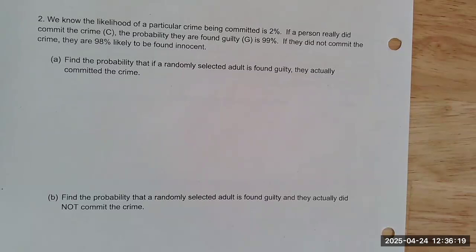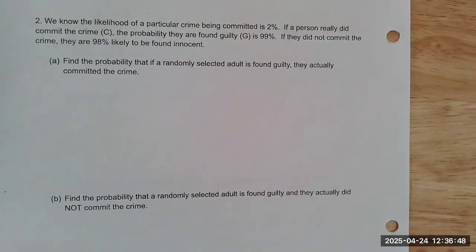If they did not commit the crime, they are 98% likely to be found innocent. That's not so great. They did not commit murder, and we're only 98% probable that we're going to correctly say they're innocent. So the justice system has some flaws, and that's why there's always people going through appeals for their cases. Okay.